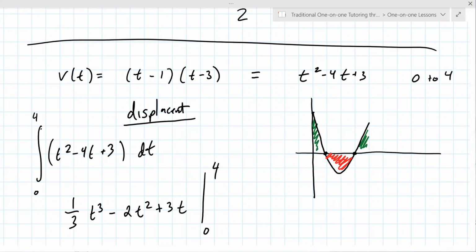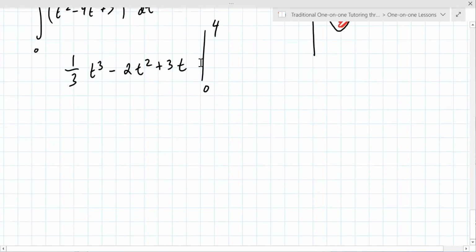So that's 4 to the third, 4 times 4 is 16, 16 times 4, 64, over 3, minus 2 times 4 squared, which is 16, so 32, plus 3 times 4, which is 12.